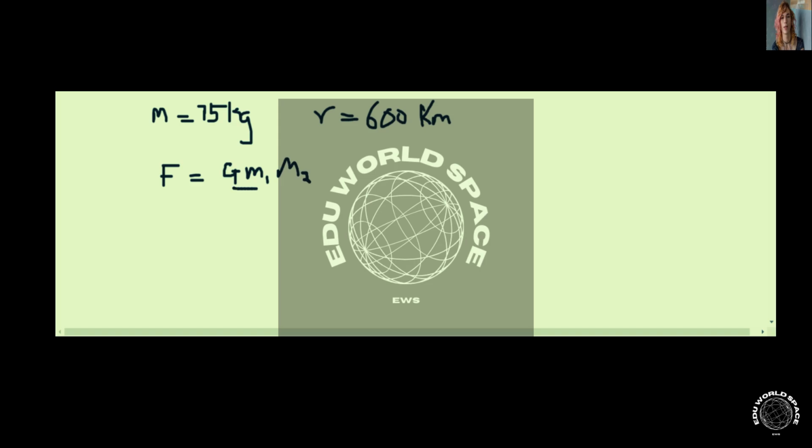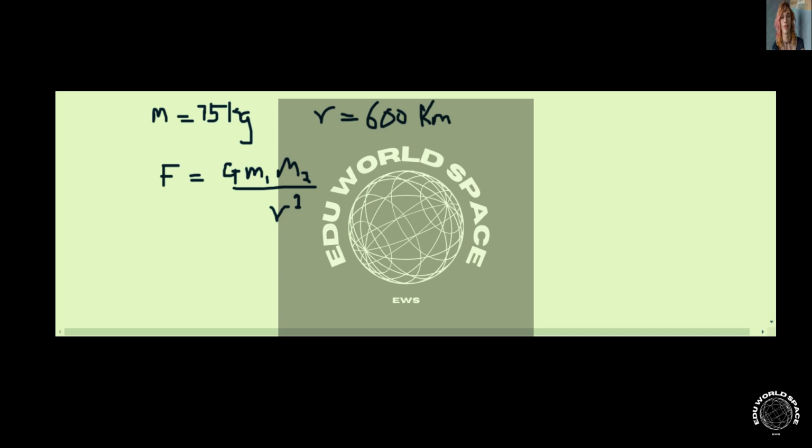In our situation, the astronaut and the Earth are the two masses, divided by the separation between them squared, R squared. What you need to know is that this distance R is the distance between the centers of mass of the two bodies.